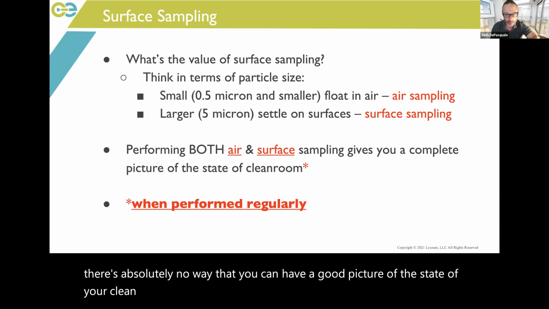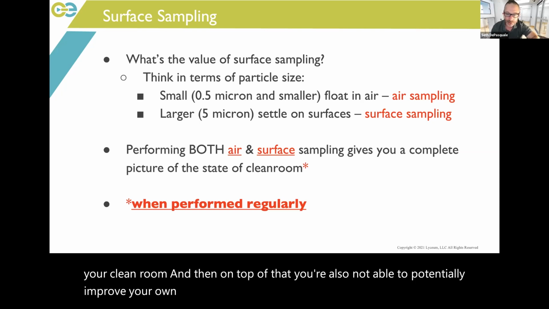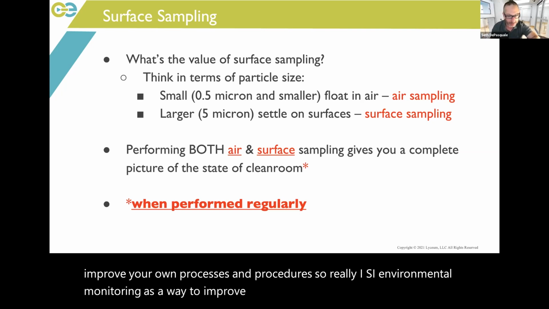And then on top of that, you're also not able to potentially improve your own processes and procedures. So really, I see environmental monitoring as a way to improve your overall processes and procedures of your operation.